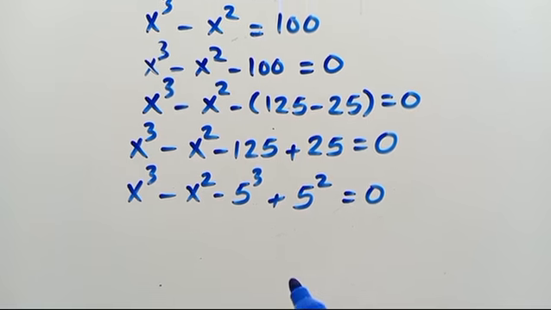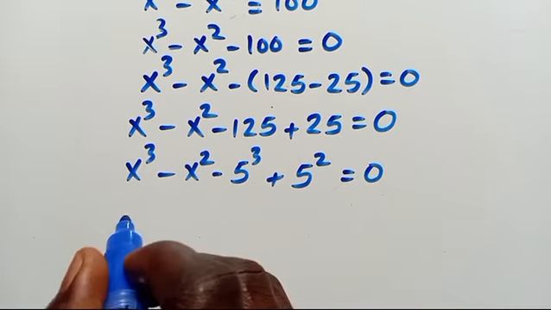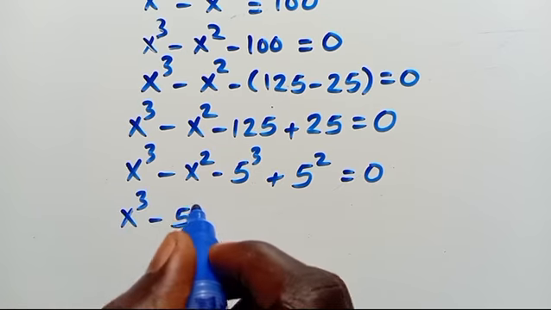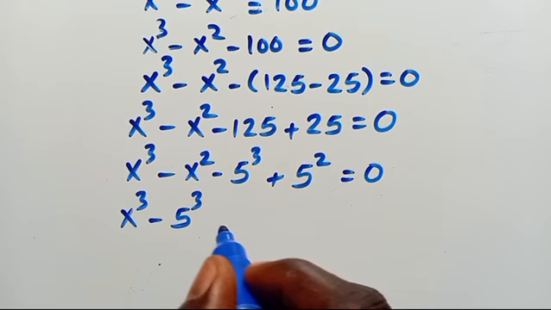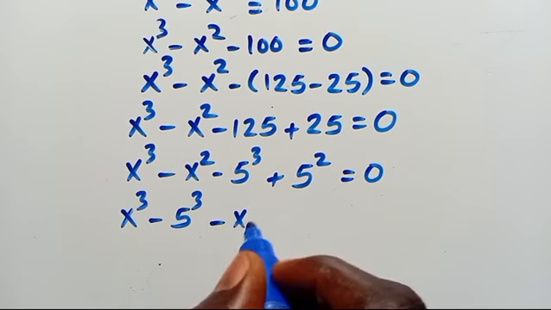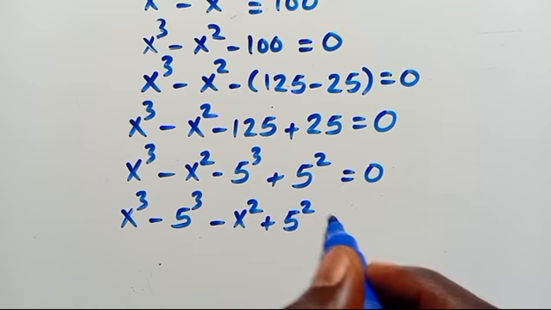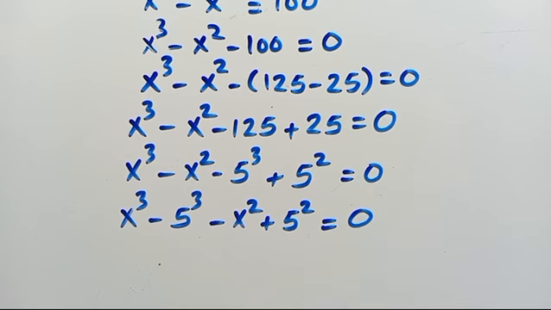Then let's regroup the expression. So we are going to have x to the power of 3 minus 5 to the power of 3, then minus x squared plus 5 to the power of 2 equals 0.